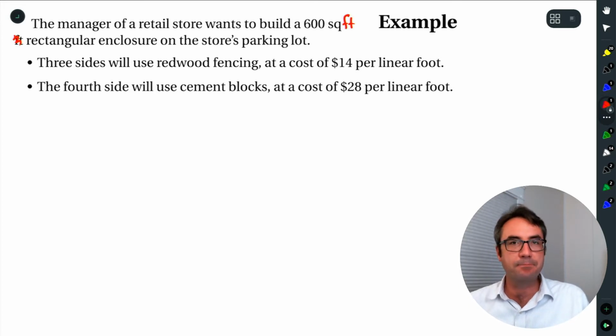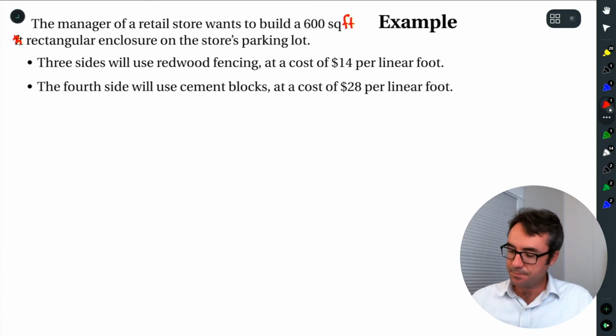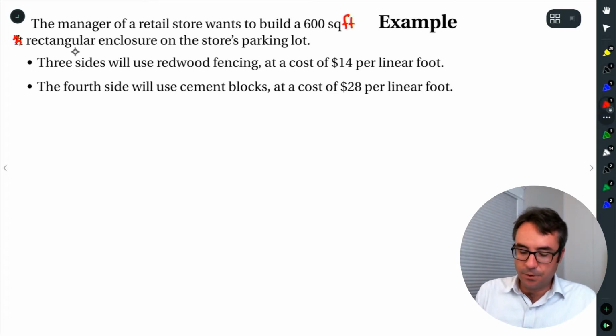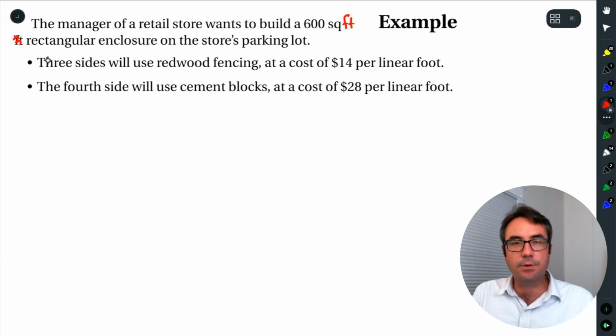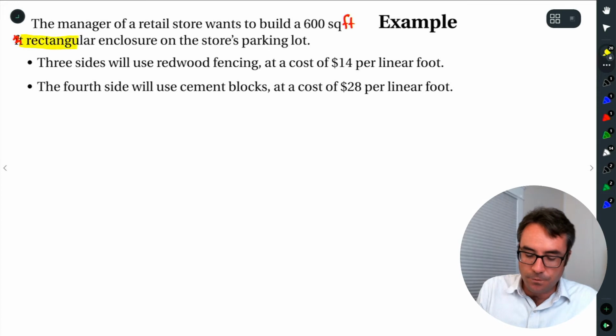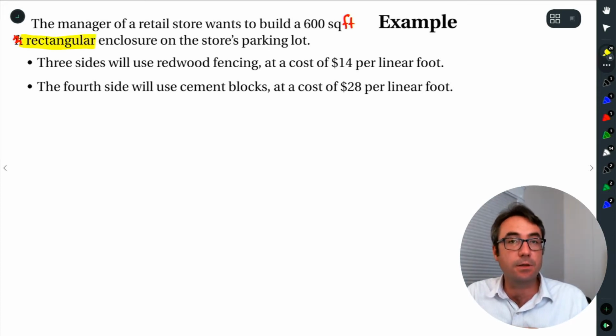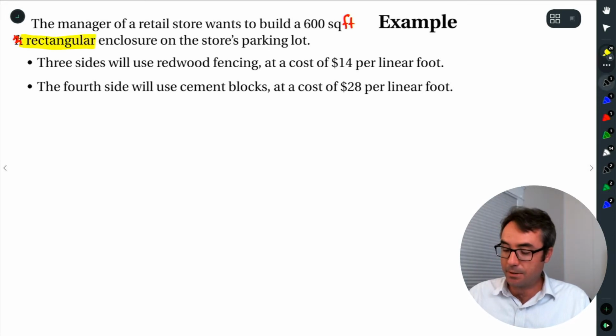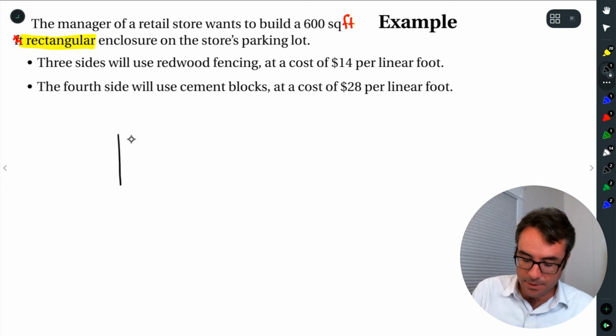So the first step is diagram and introduce variables. You're going through the word problem, and you're looking for keywords. When I look at this, we're first building a rectangular enclosure. Drawing a rectangle. There's my rectangle.